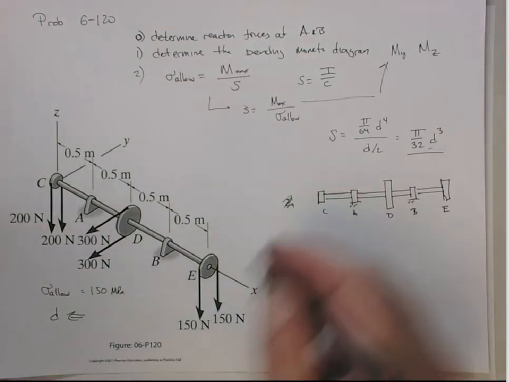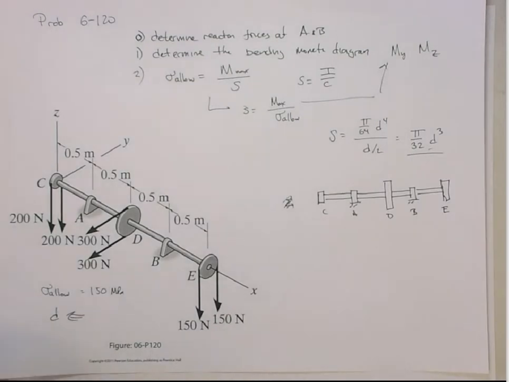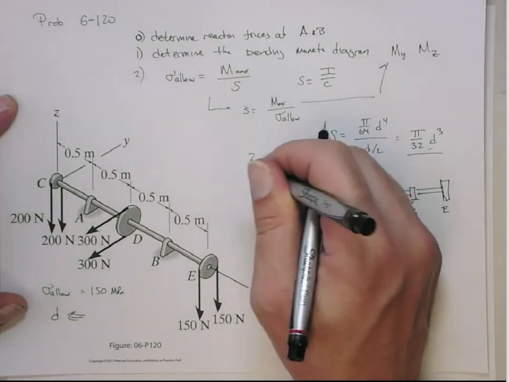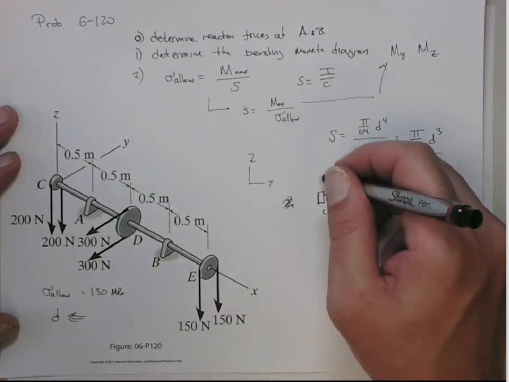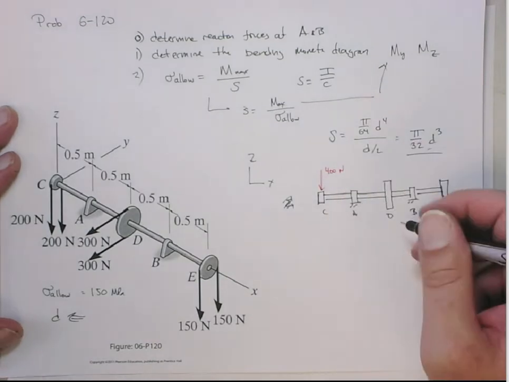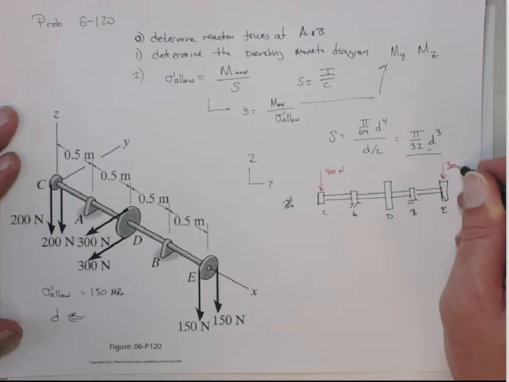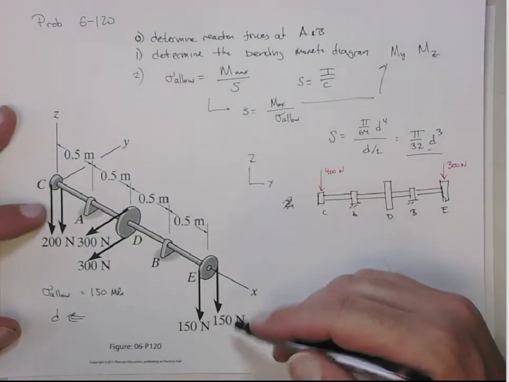At C, we're going to do this in the xz plane, right? So at C, we have a minus 400 newtons, and we have a minus 300 newtons at point E, right? That's the two 150s and the two 200s.